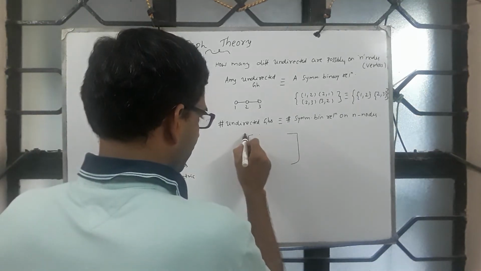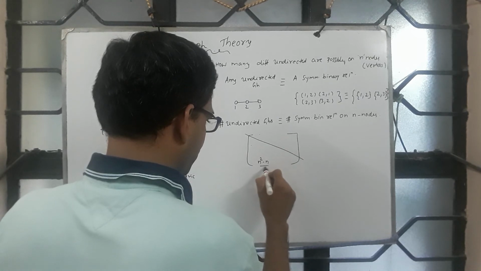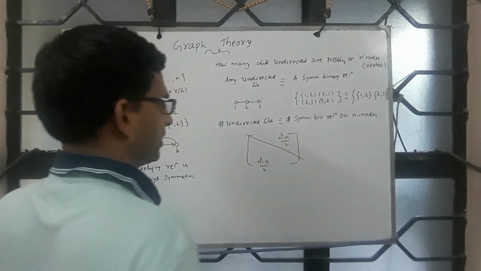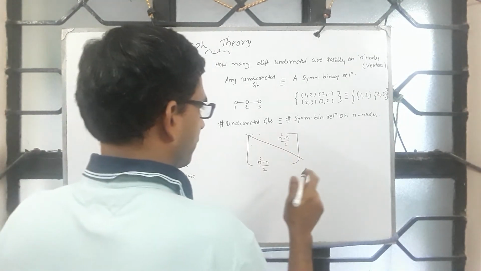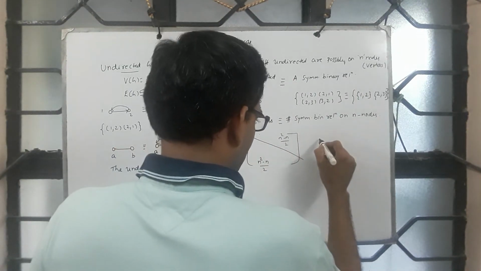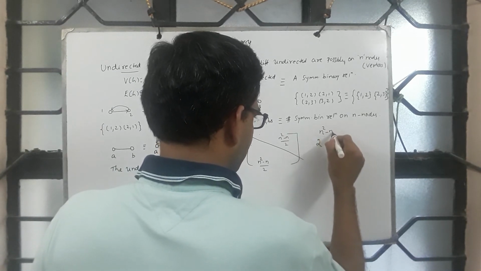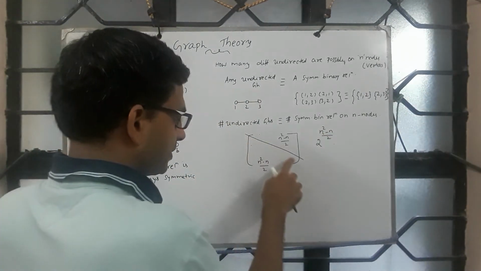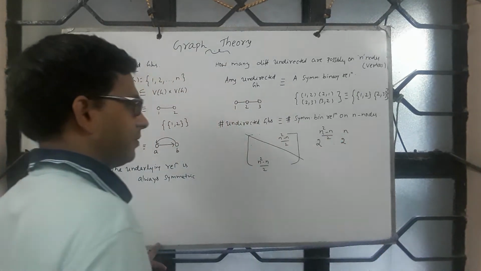And if you leave the diagonal, then there are n square minus n by 2 elements on this side. And when I look at AB, BA is also included, and any subset of this along with its counterpart is a symmetric relation. So there are 2 power n square minus n by 2, and you can include any subset from the diagonal, so you get into 2 power n.